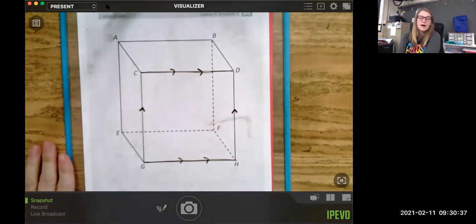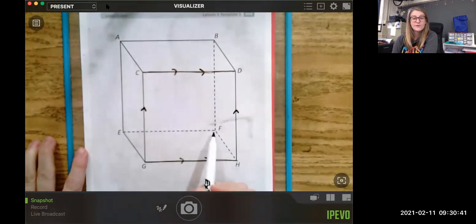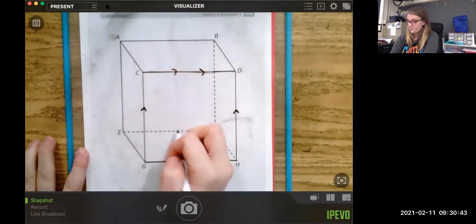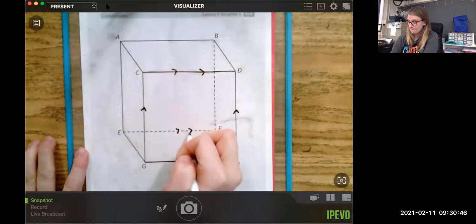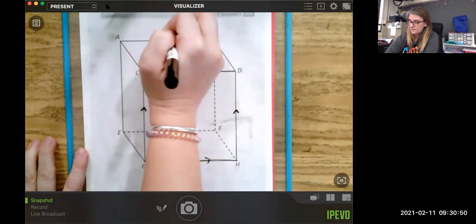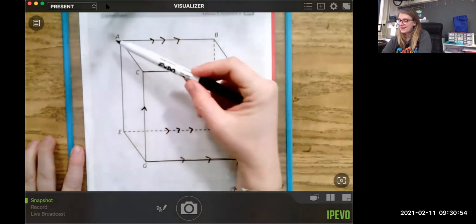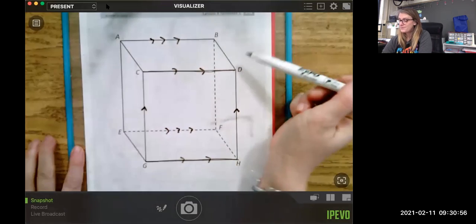But another one could be AB and EF. I'm going to put 3 arrows there. Okay, and then also AC and BD.